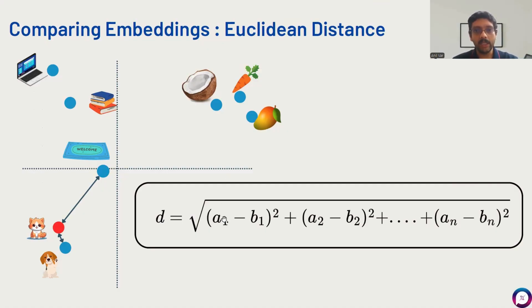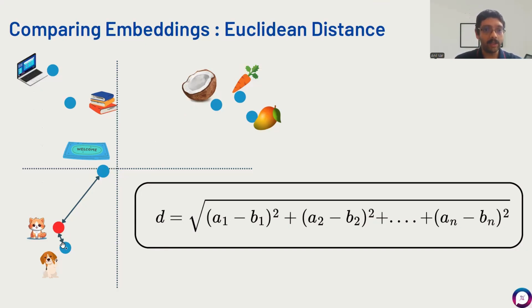So where A and B are the two objects, let's say cat and mat, and each of these subscripts indicates an index, you just have the square root of (A1 minus B1) squared plus (A2 minus B2) squared. In practice, it would have, say, 100 dimensions, and you do that for the entire set of dimensions. This is called Euclidean distance, which is basically a way to get distances between two points in a vector space.